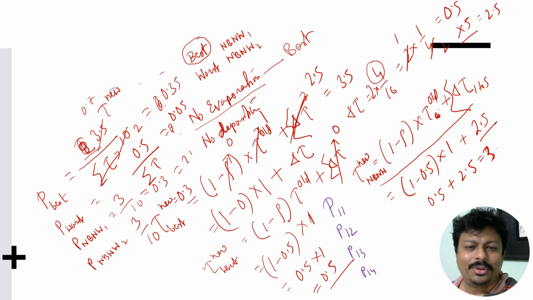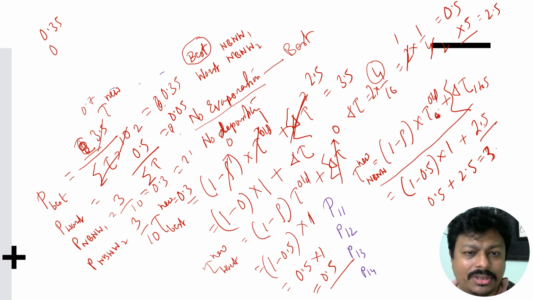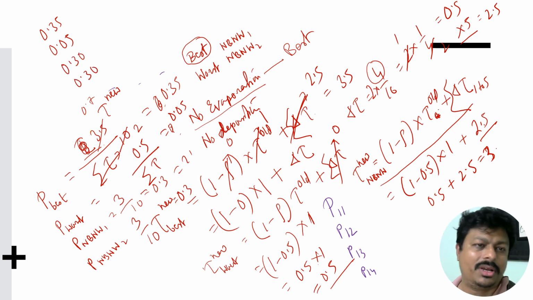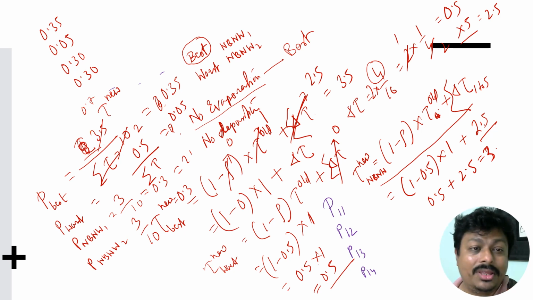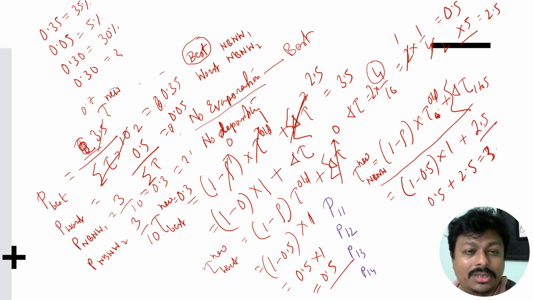So now you see another thing you have to know is that P best is 0.35, P worst is 0.05, and P for the two non-best, non-worst paths, 1 and 2, is 0.30, 0.30, correct? Now to find the percentage ratio of each path in that roulette wheel, these will be 35%, 5%, 30%, 30%.